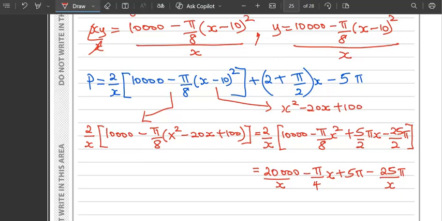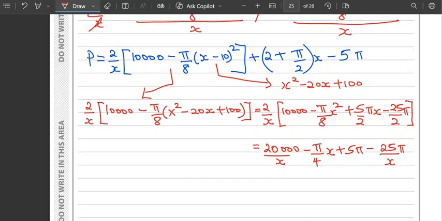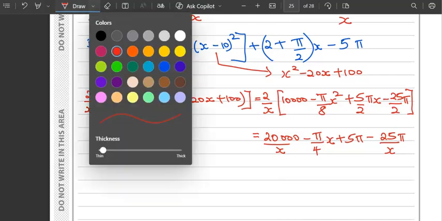So we've expanded the first bracket fully. Incorporating this into the original function of the perimeter, this is what we're going to have.